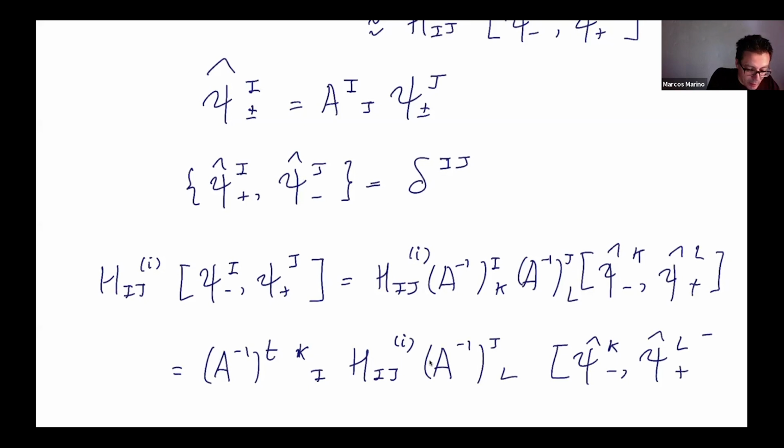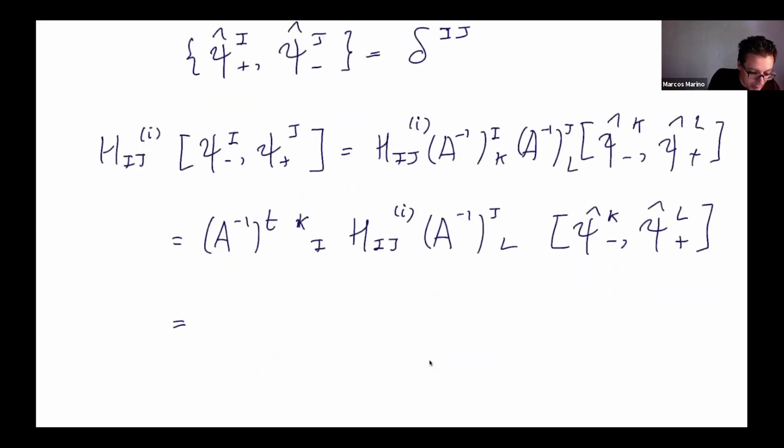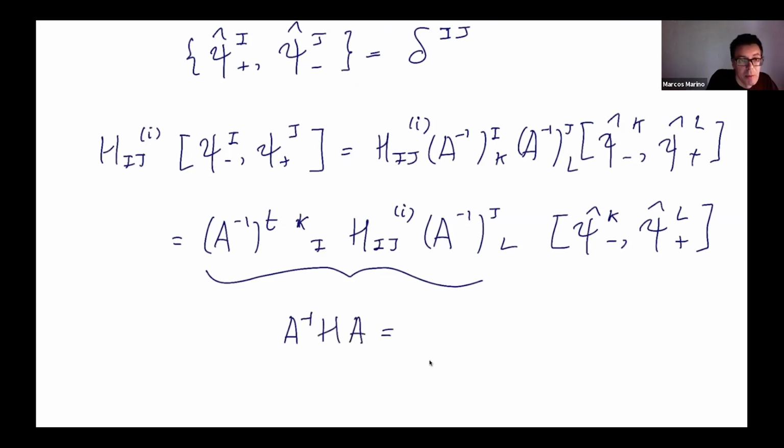And then we have diagonalized this, because this matrix here is A minus 1 H A, but no, sorry, this is A minus 1 transpose, which is A. So we have this.